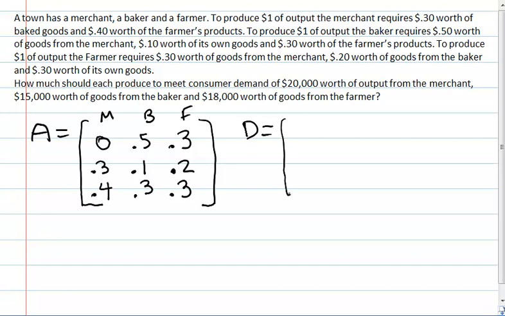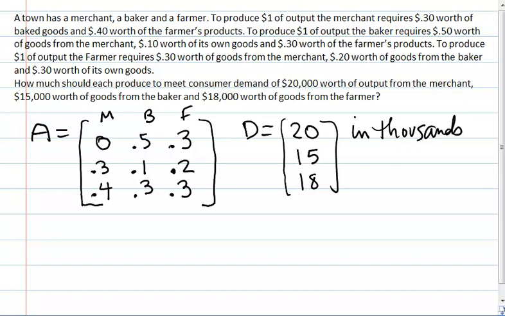The question is, how much should each produce to meet consumer demand of $20,000 worth of output from the merchant, $15,000 worth of goods from the baker, and $18,000 worth of goods from the farmer. So instead of putting those large numbers, I'll just go with 20, 15, and 18, and that's going to be in thousands.